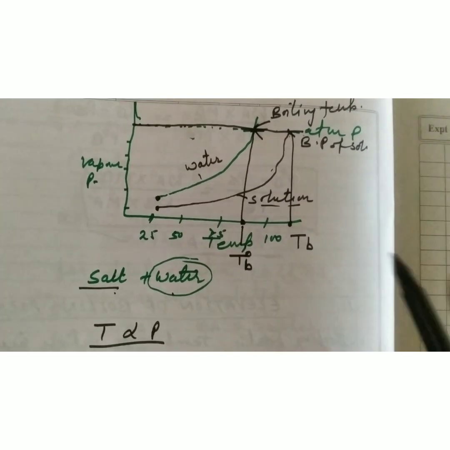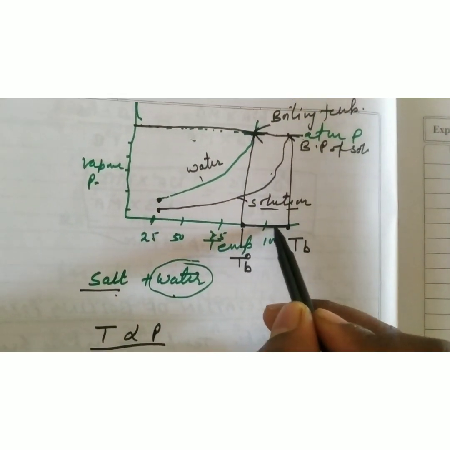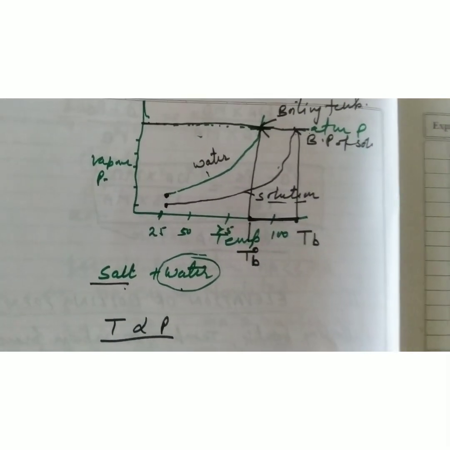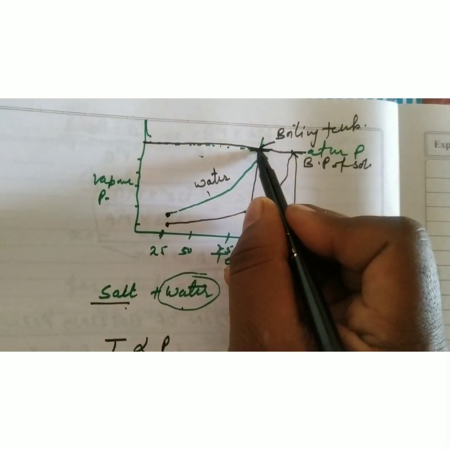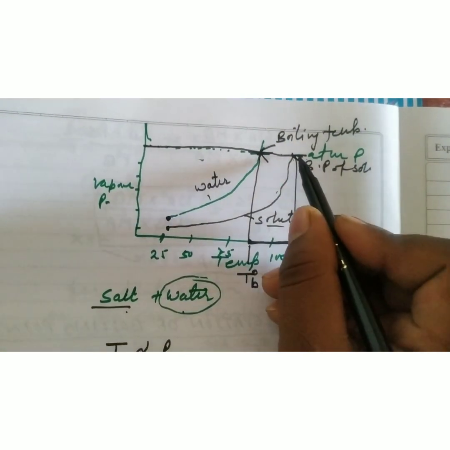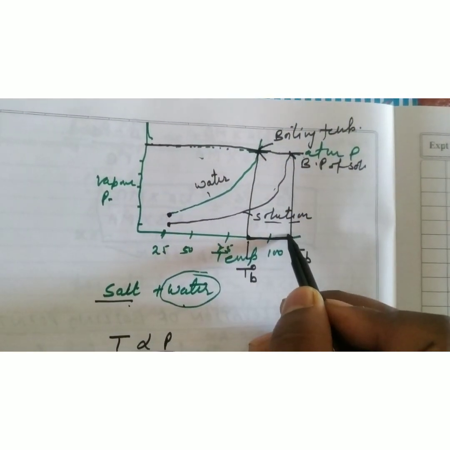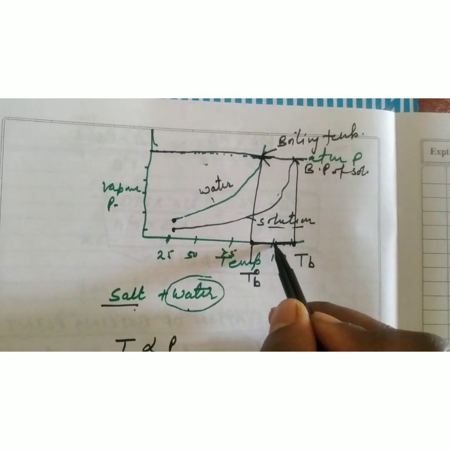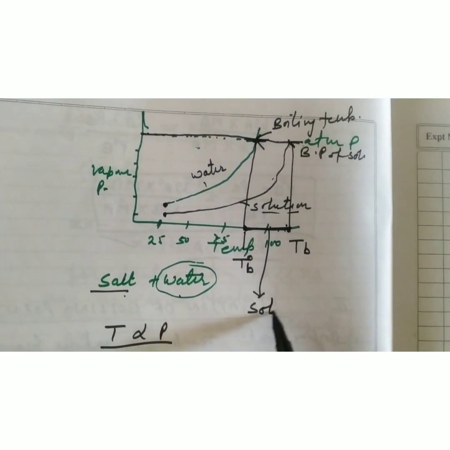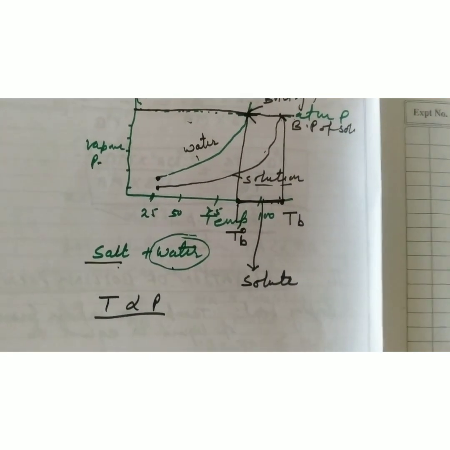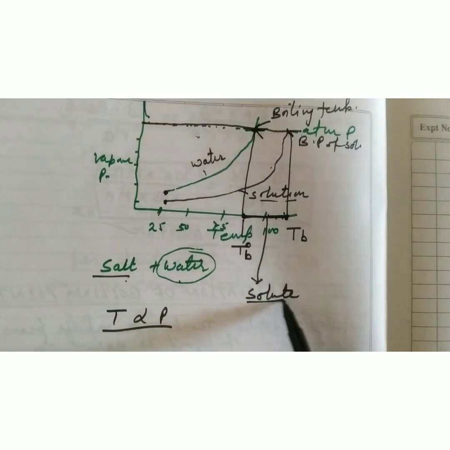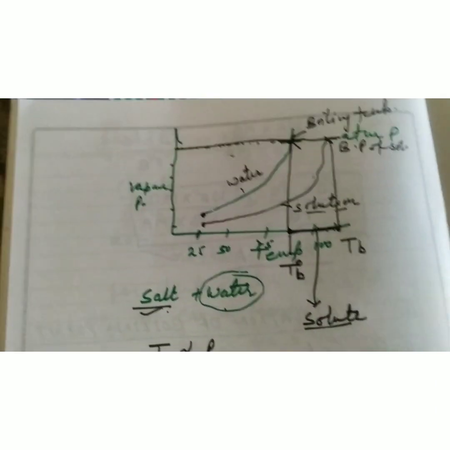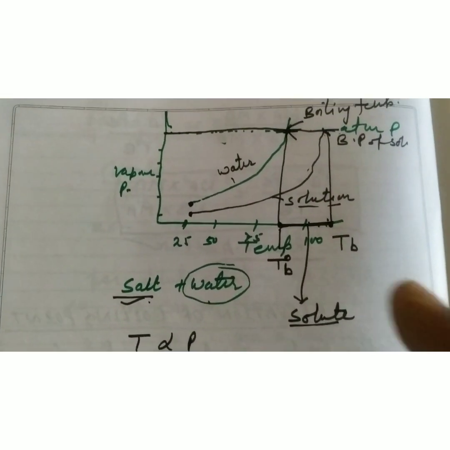So this is the difference between solvent and solute. Clear? This is the boiling temperature of the pure solvent, and this is the boiling temperature of the solution. So this difference is due to the presence of solute. This difference occurs due to mixing the solute, and in case of solute, we are taking salt. Clear? So this graph represents the boiling temperature.